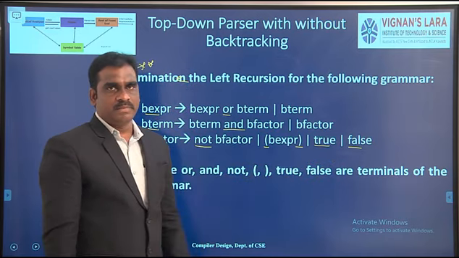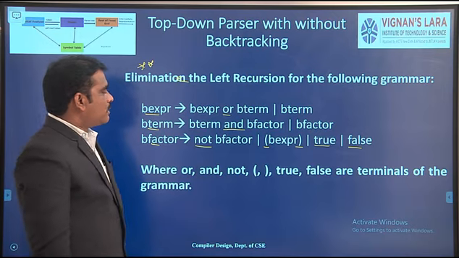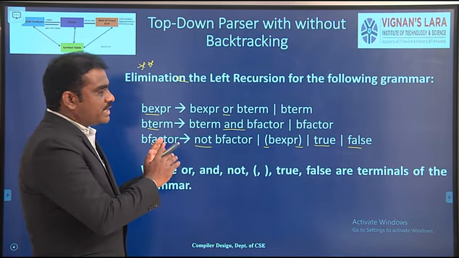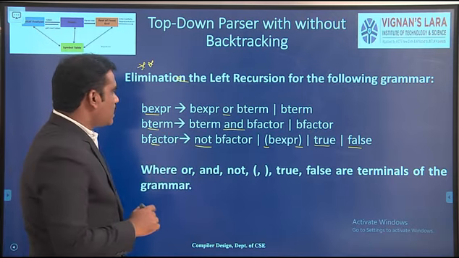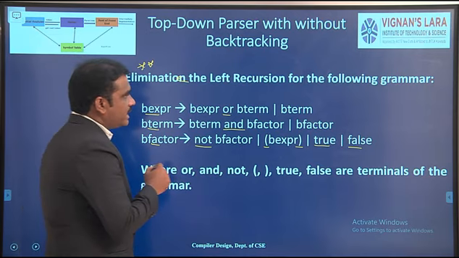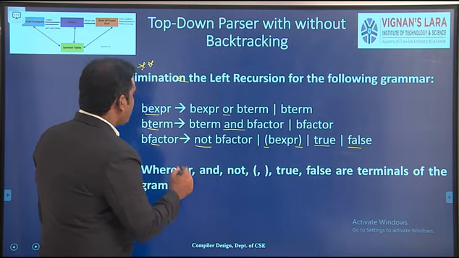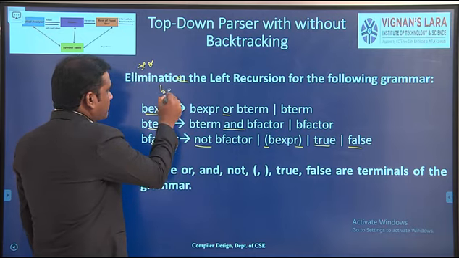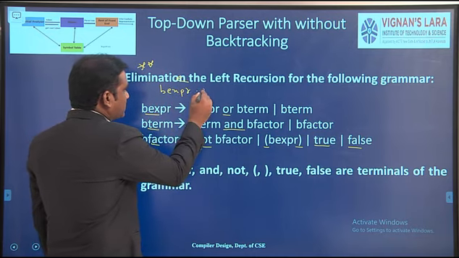Now, first, this grammar is converted into simple form. How to convert it into simple form? First, take the variable B expression.